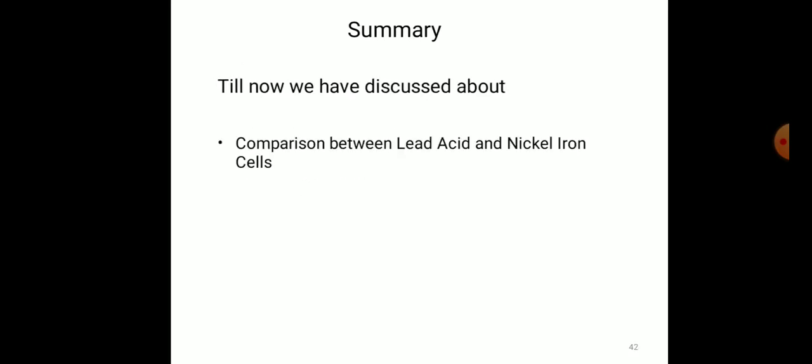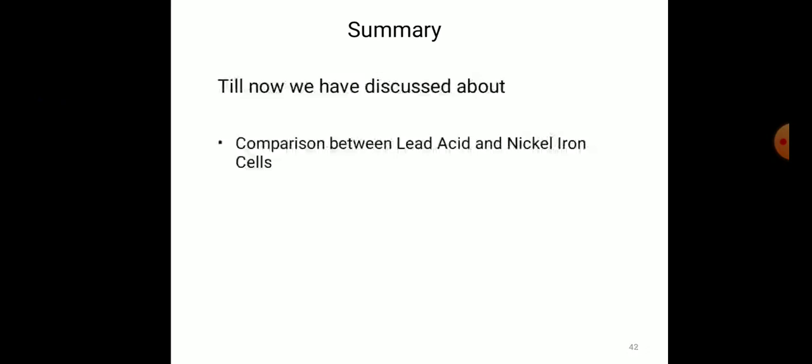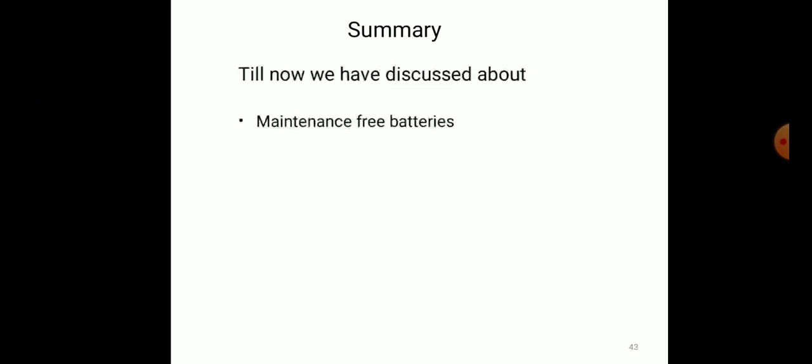And also we discussed the comparison between lead acid and nickel iron cells. Next we discussed about the maintenance free batteries, how they are working, what is their importance.